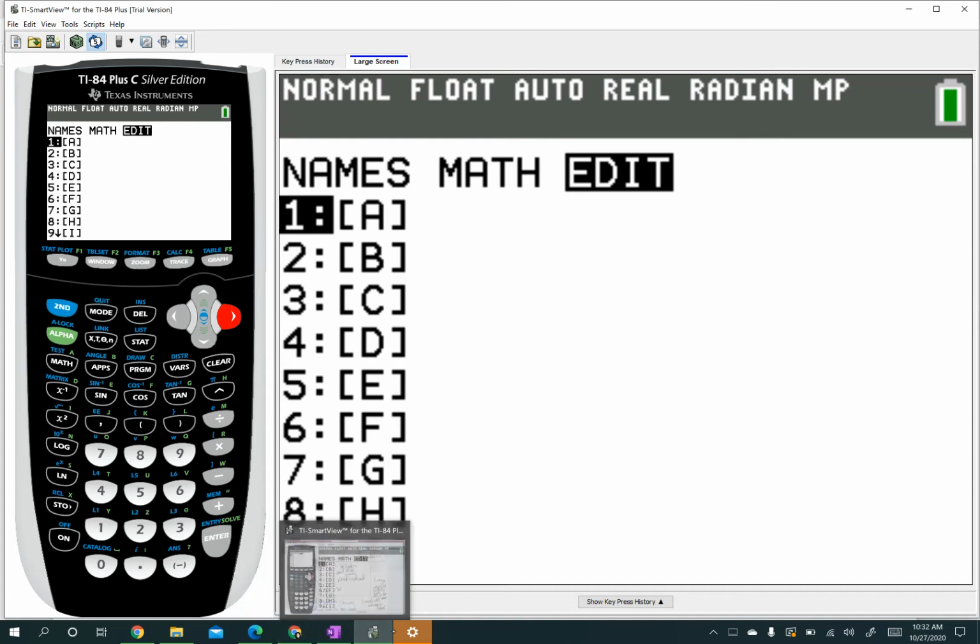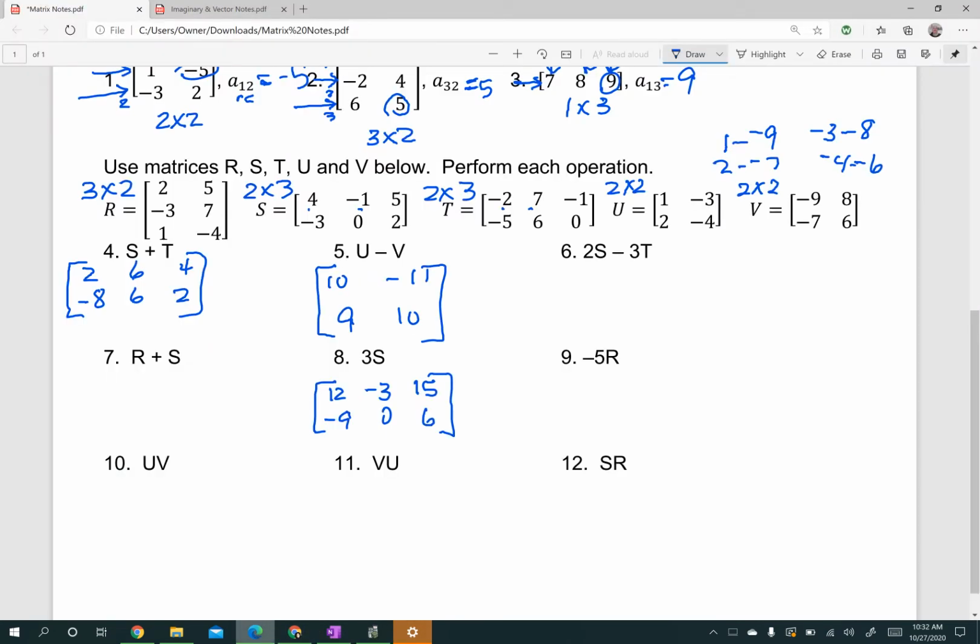So let's go back to our notes and let's label our matrices A, B, C. Let's make R A, let's make S B, let's make T C, U D, and V E, okay? And then we can change these down here as well. So S plus T was really B plus C, and U minus V is really D minus E. And this is going to be 2 times B minus 3 times C. Let me change some colors here so you can see this better.